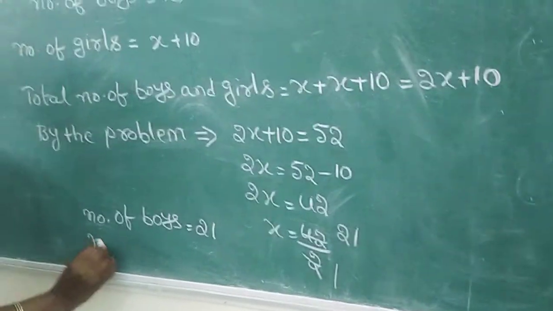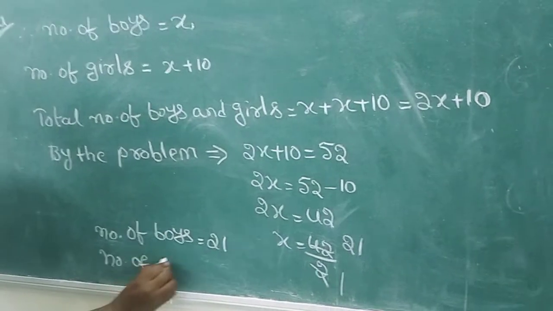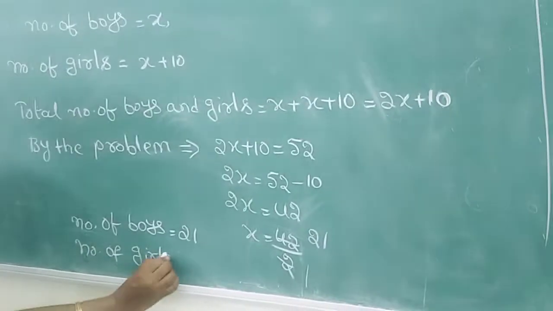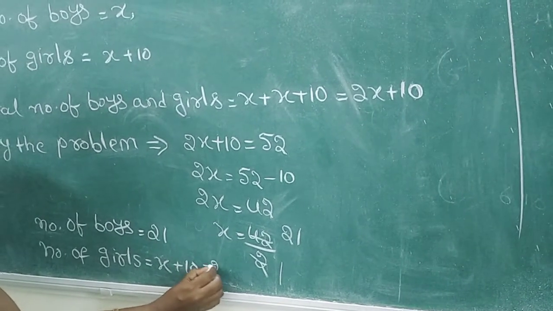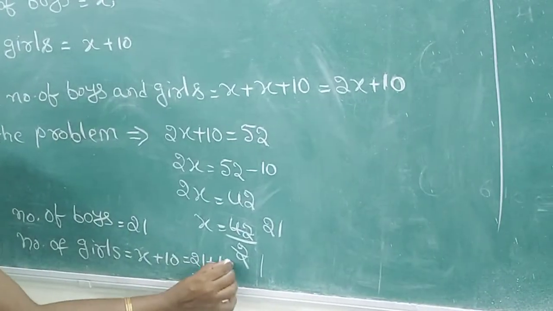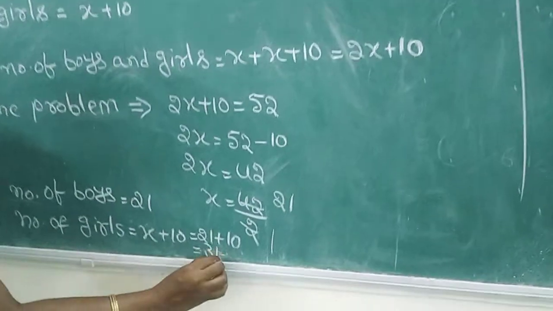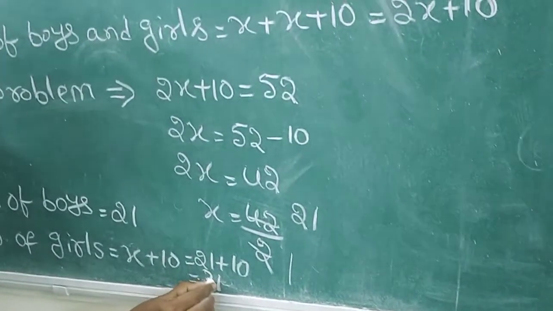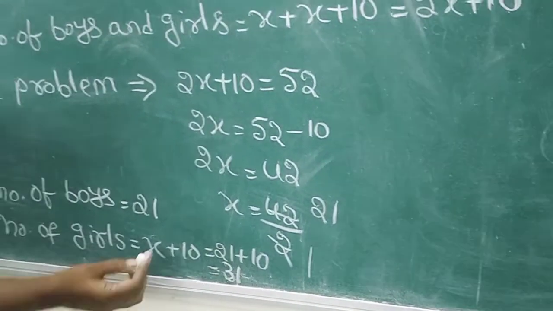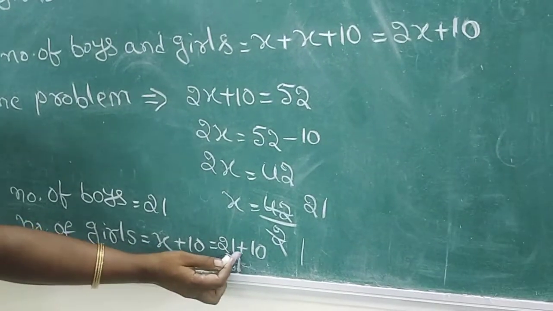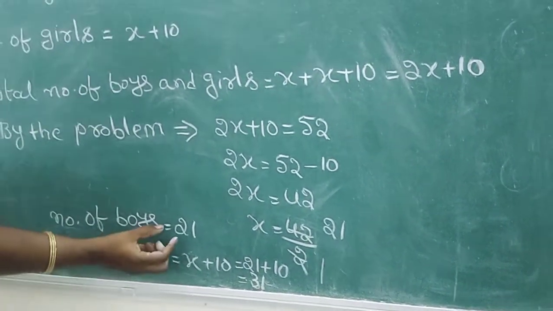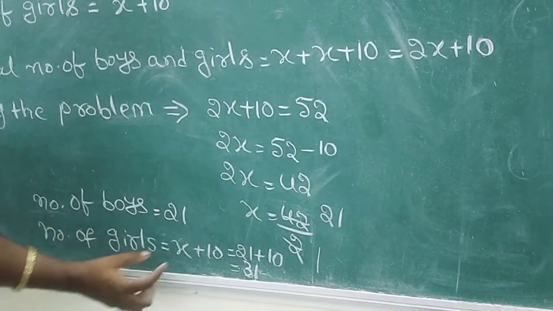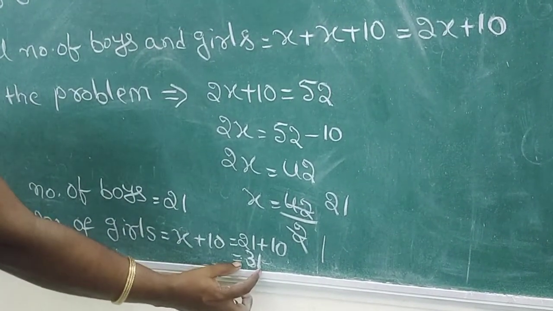Number of girls is x plus 10, that is 21 plus 10, which is 31. Number of boys 21, number of girls 31.